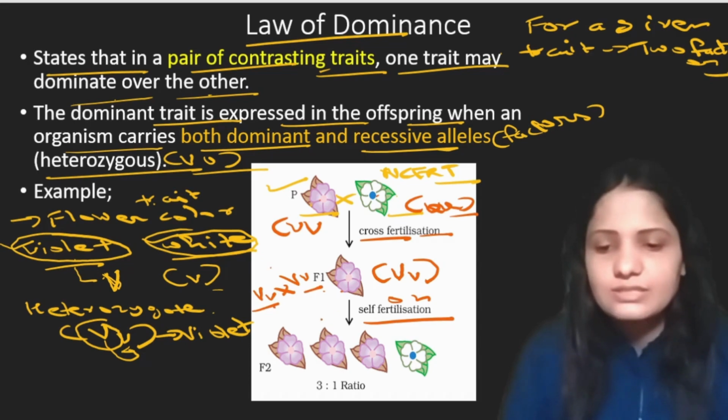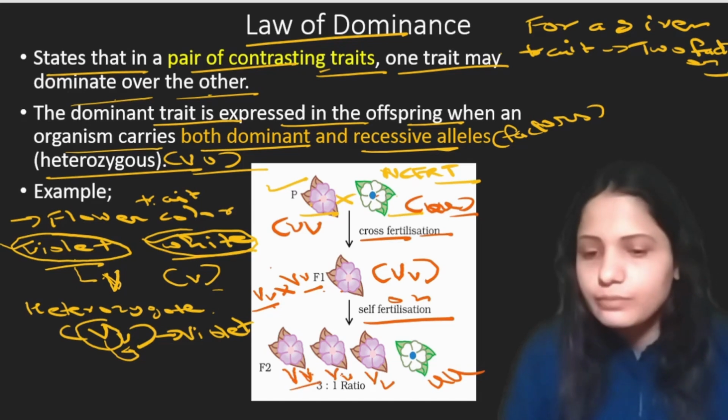On self fertilization, we will get capital V capital V, capital V small v, capital V small v, and small v small v. This capital V will be violet, and capital V small v will also be violet because capital V will dominate over small v. Violet will dominate over white.